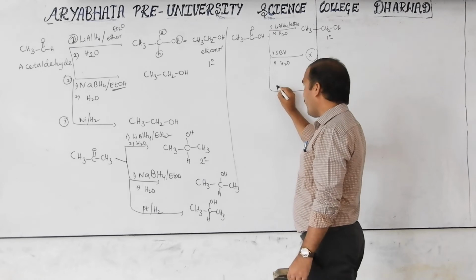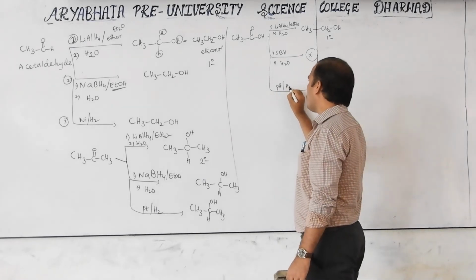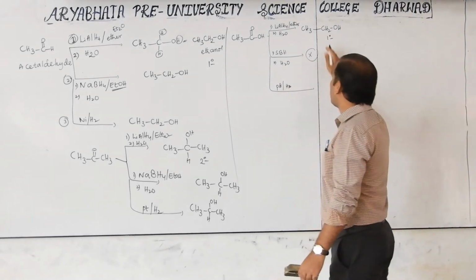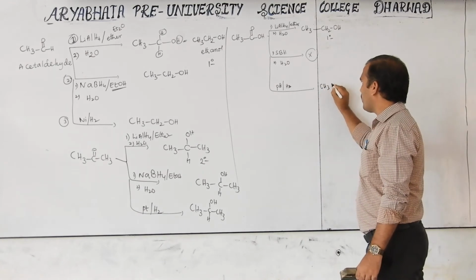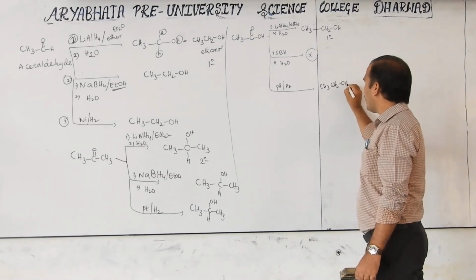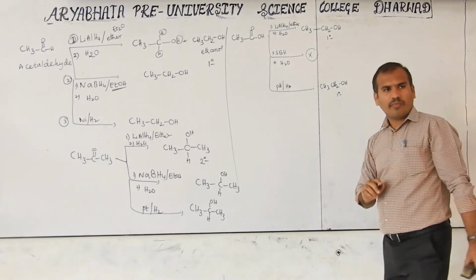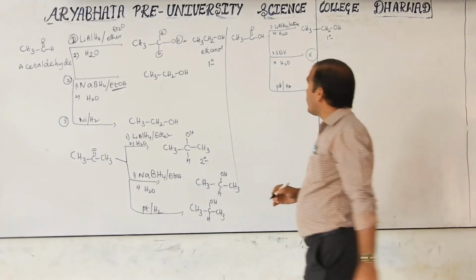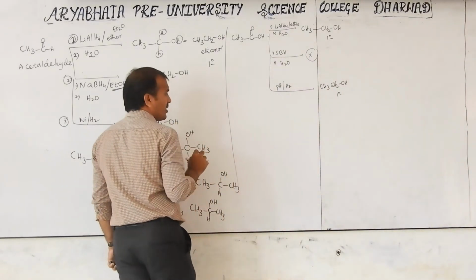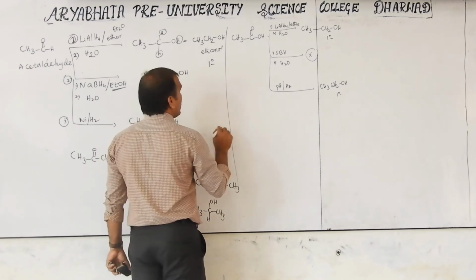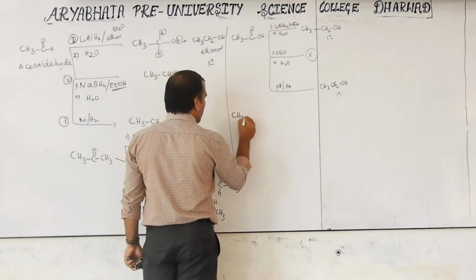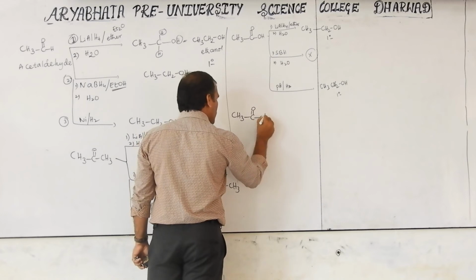Next, you can use palladium and hydrogen, then you will get the same product, CH3CH2OH. Here also it is a primary alcohol. Next we take what comes after carboxylic acid: acid chloride, CH3, C double bond O, Cl.